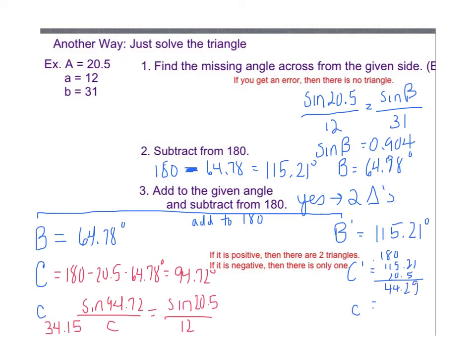And so in this triangle, to find the third side, I'm going to do my original, the sine of 20.5 over 12 equals the sine of 44.29 over C. And for that one, I'm going to get 23.97.